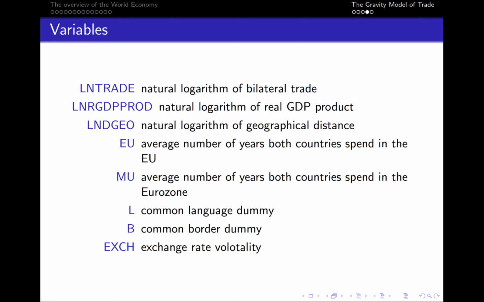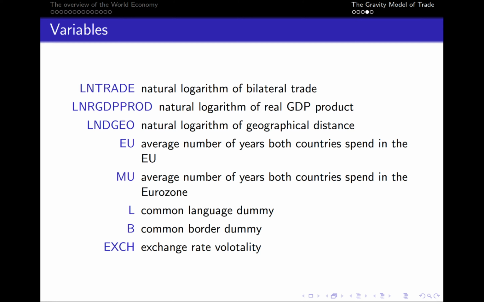So the EU variable actually measures the average number of years two countries spent in the European Union between 1995 and 2015. So technically speaking, it takes values from 0 to 1. Well, not theoretically, because at some point in the sample all of the countries were in the European Union, so we do not have zeros here.